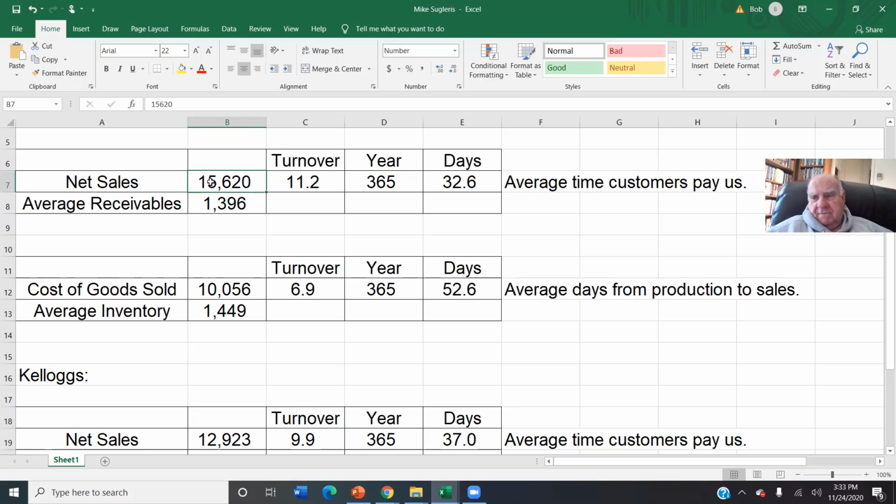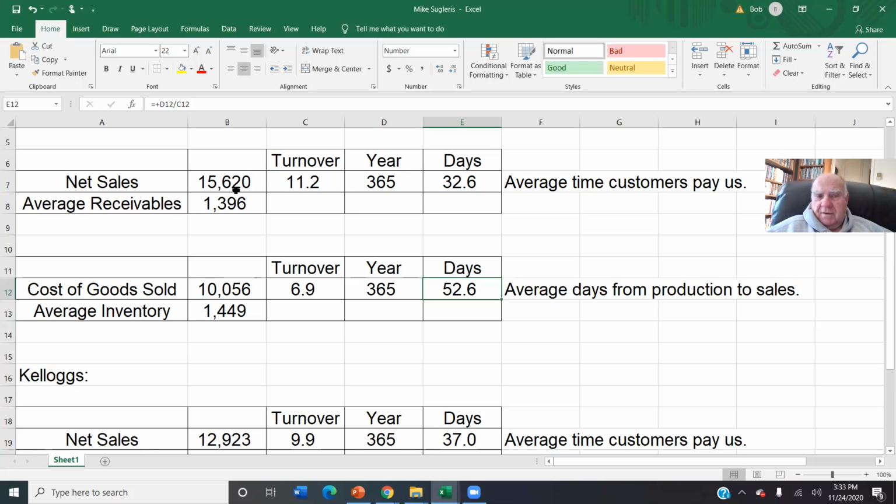You already have the net sales. Now you have to get the average receivables and the average inventory for each company, divide it out to get the turnover, divide that turnover into 360 days. And this company has a days of sales of 33. This guy's got 53.